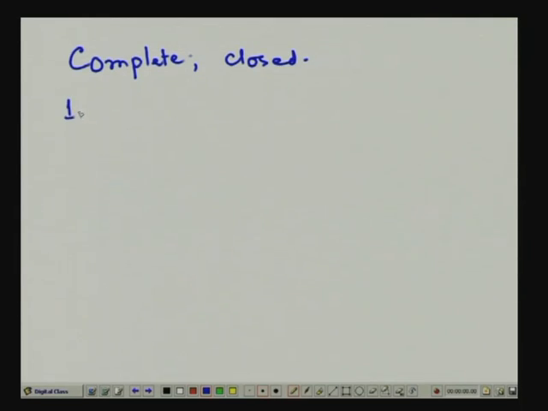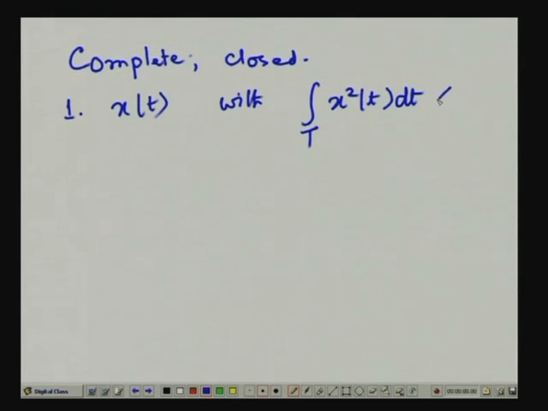The first condition is that there is no signal, say x(t), with the integral of x squared(t) dt over the interval capital T less than infinity.